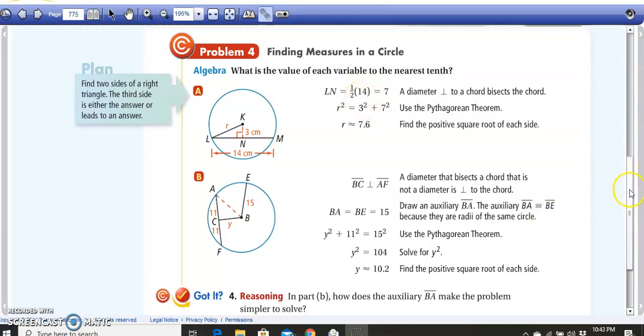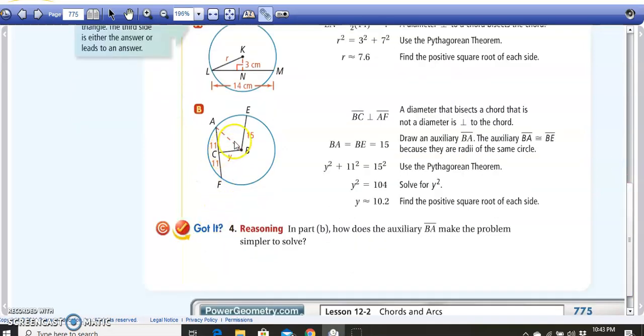Now in this other exercise, we have the information that says that this is 15. We don't know the distance, this is 15, and we are looking for y. But we know from this information that this segment AC is 11 and CF is 11. But notice this. This is the center, and this 15 is going to point E. That means this is the radius of the circle.